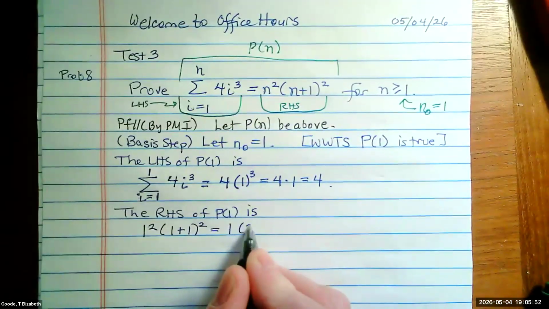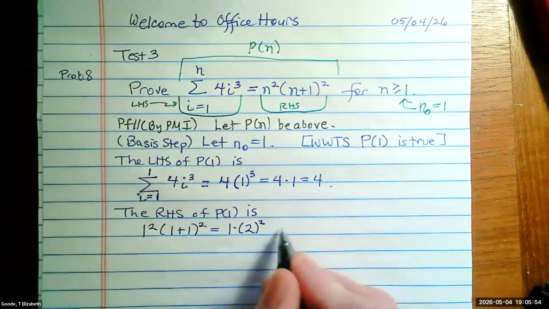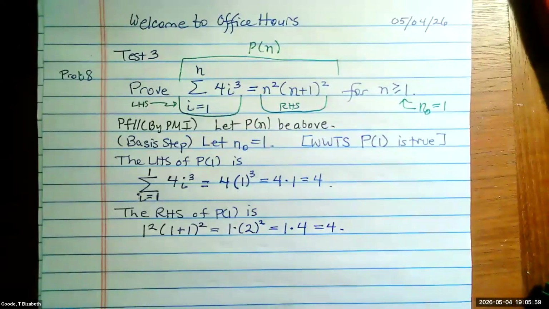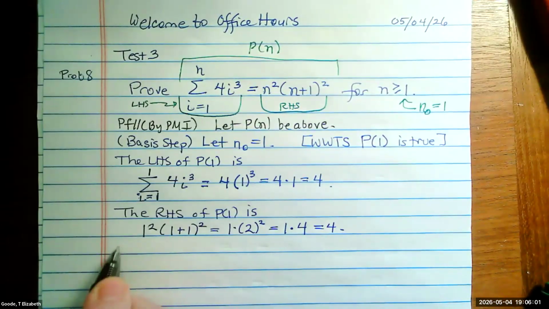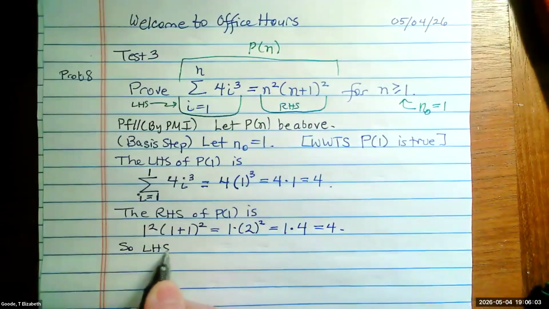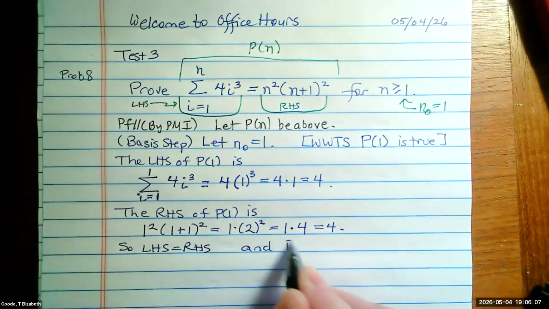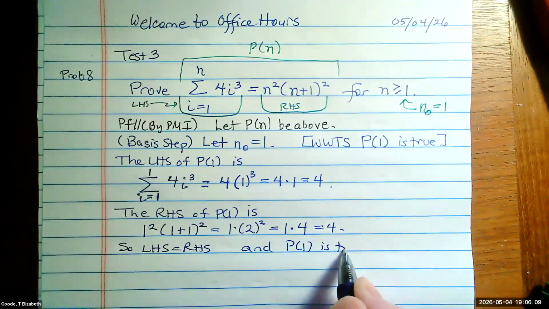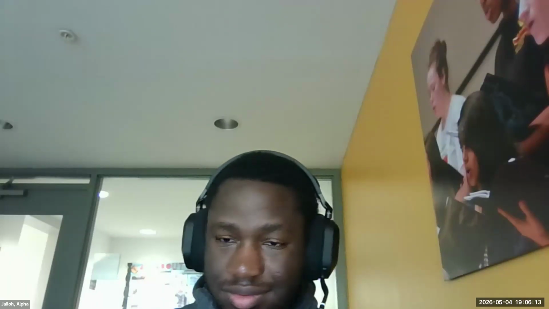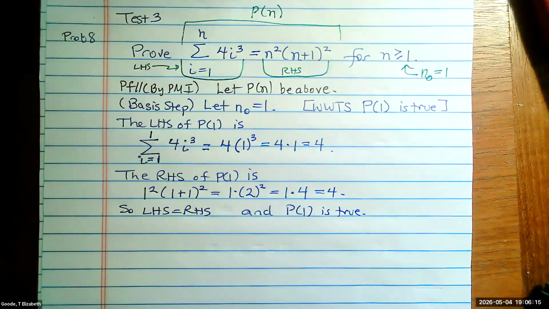So it's 1 times 2 squared, so it's 1 times 4, and that is also 4. Great. So the left-hand side equals the right-hand side, and P of 1 is true. What do we do next?